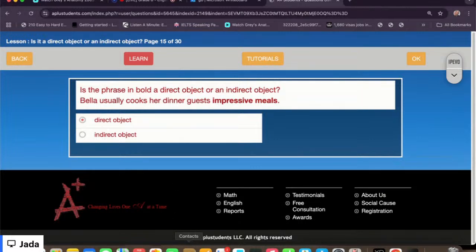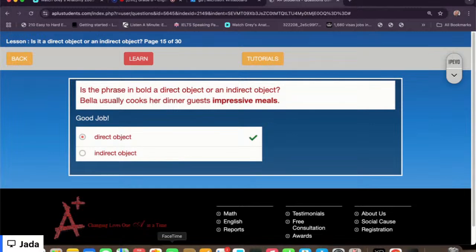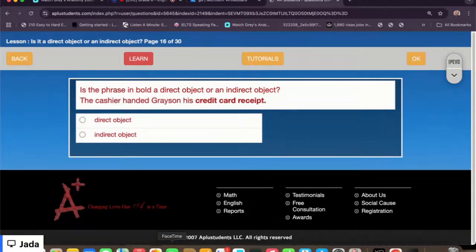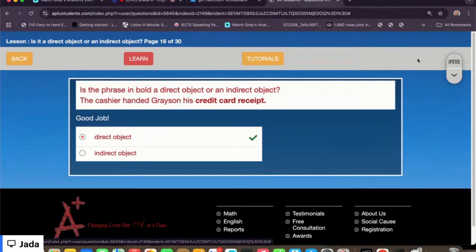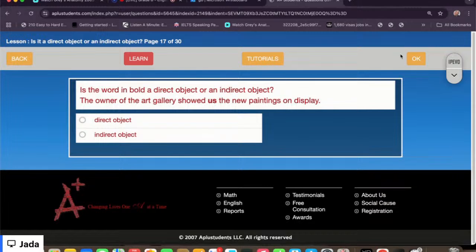Okay, so direct objects. The cashier handed Grayson his credit card receipt. What do you think? So she gave him his credit card receipt.